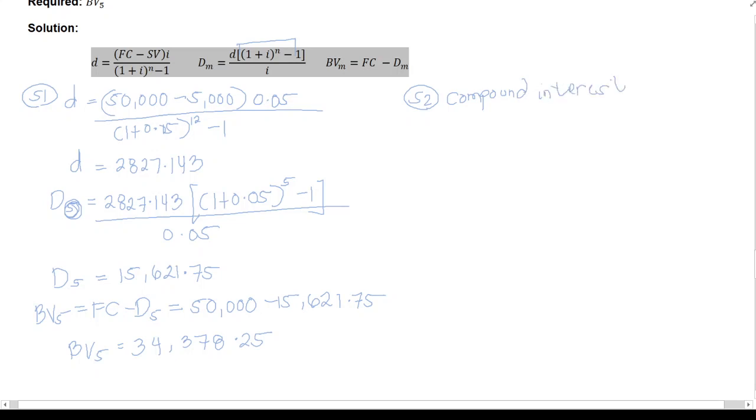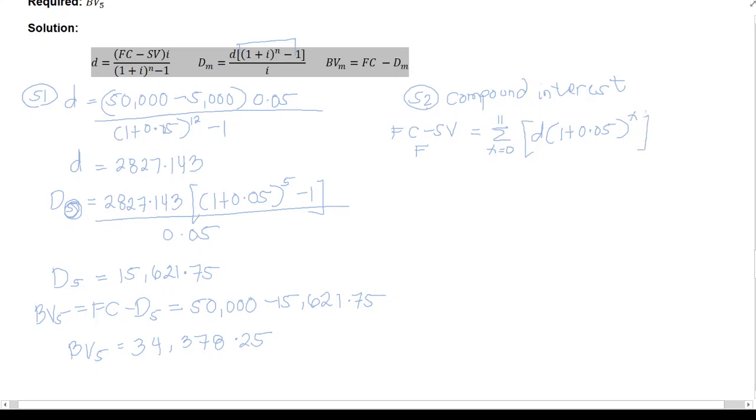So using compound interest, we have FC minus SV, or the future worth, equal to the summation from 0 to the 11th year, since 12 years is the useful life, multiplied by the depreciation, which is the present worth, multiplied by (1 plus 0.05) raised to x. So the limit for x is 0 to 11, so don't forget the bracket.